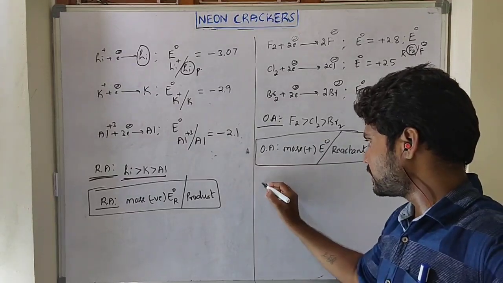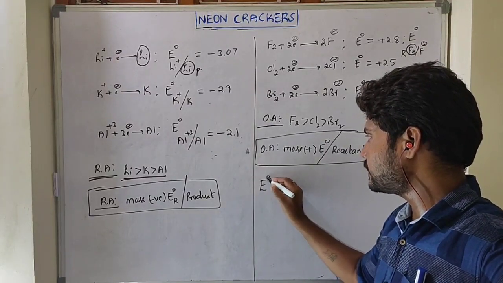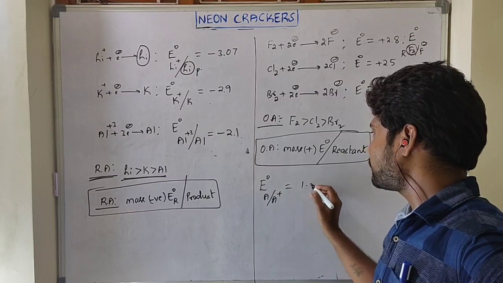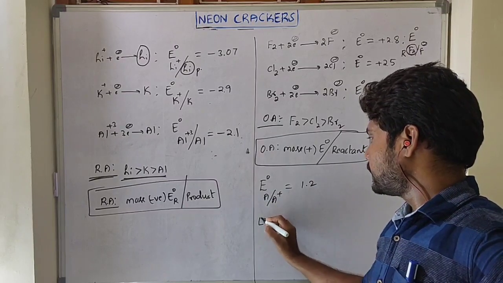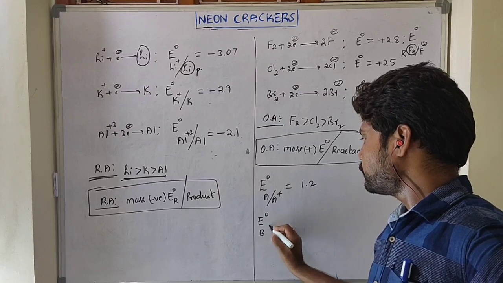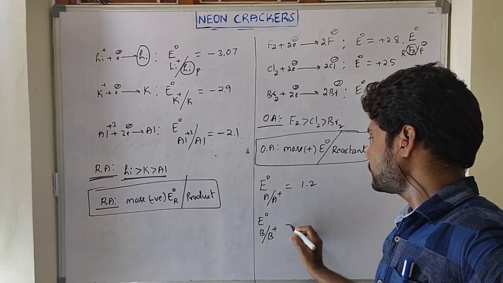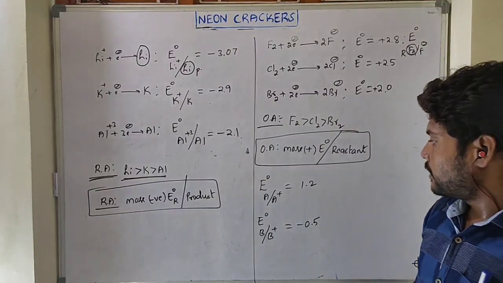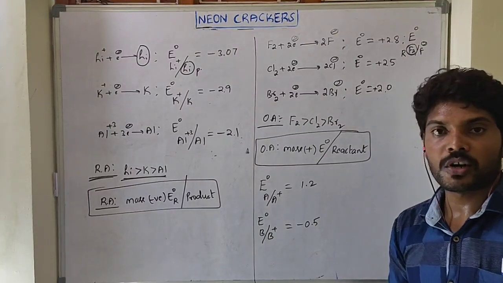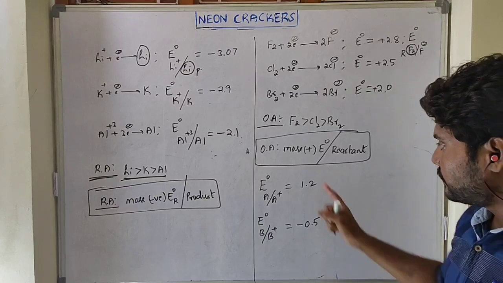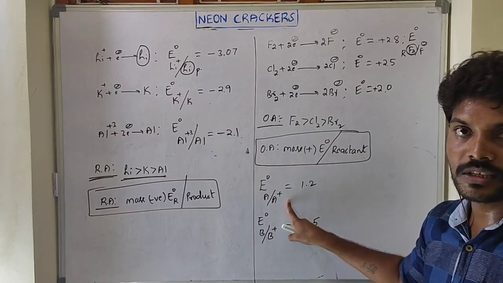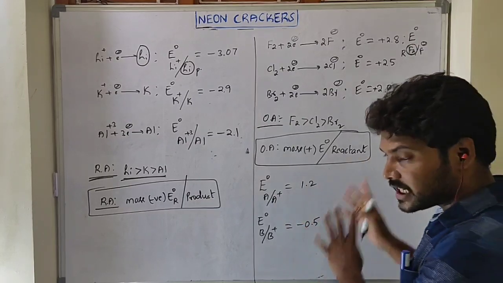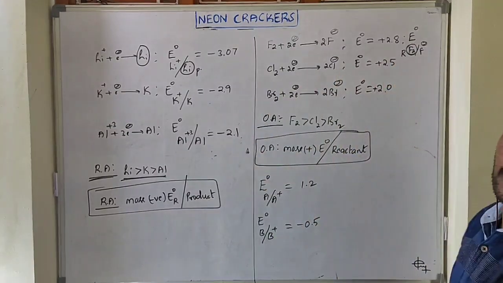Suppose a representation is given like E naught for A to A plus is 1.2 and E naught for B to B plus is minus 0.5. Which is the stronger reducing agent or oxidizing agent? How to find it? First we have to check whether it is an oxidation reaction or a reduction reaction. It should be a reduction reaction only. If it is a reduction reaction, then you can follow the tricks.